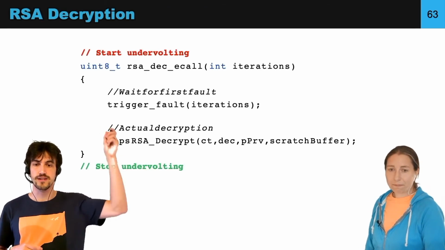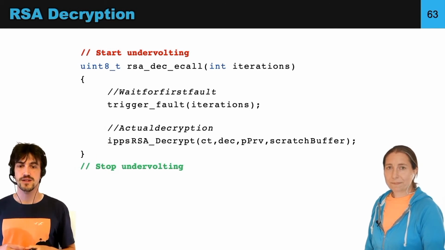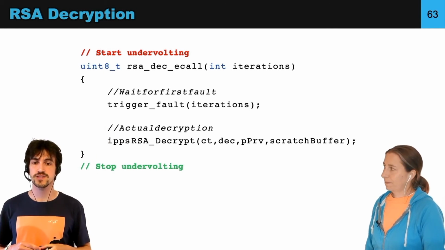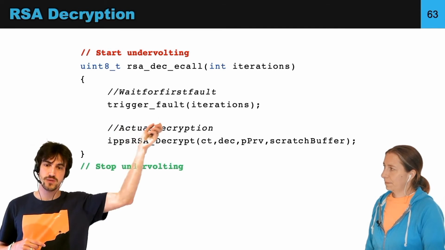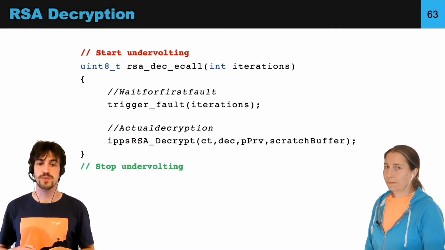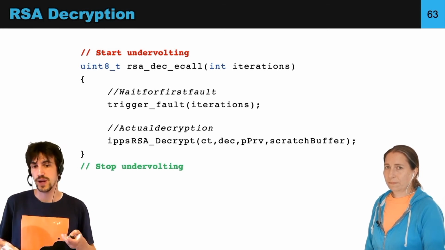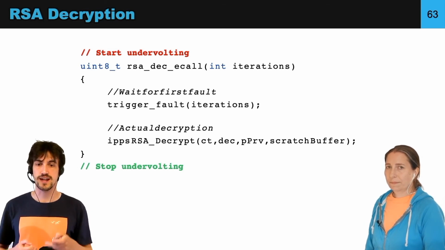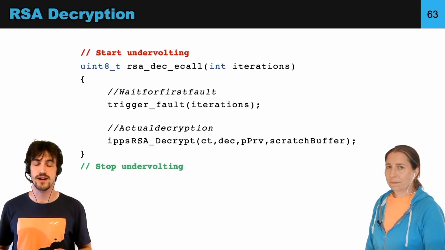We have here an SGX function. What we do in there is just use the Intel library function, IPPS RSA decrypt, which uses this Chinese remainder theorem optimization, and we undervolt until we get a faulty decryption.